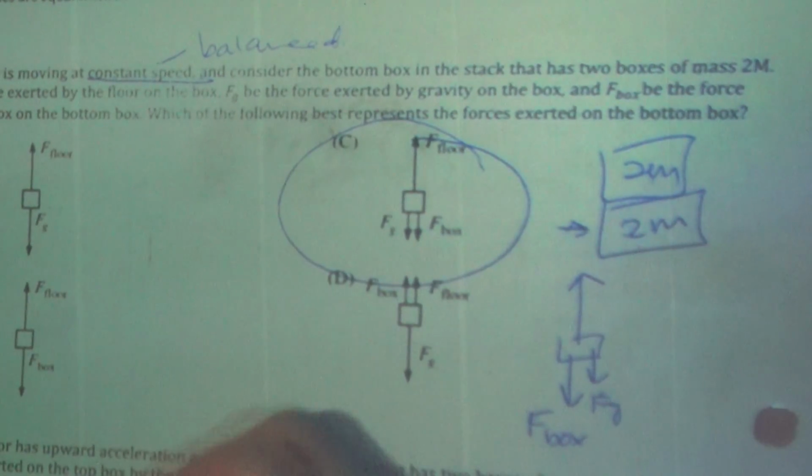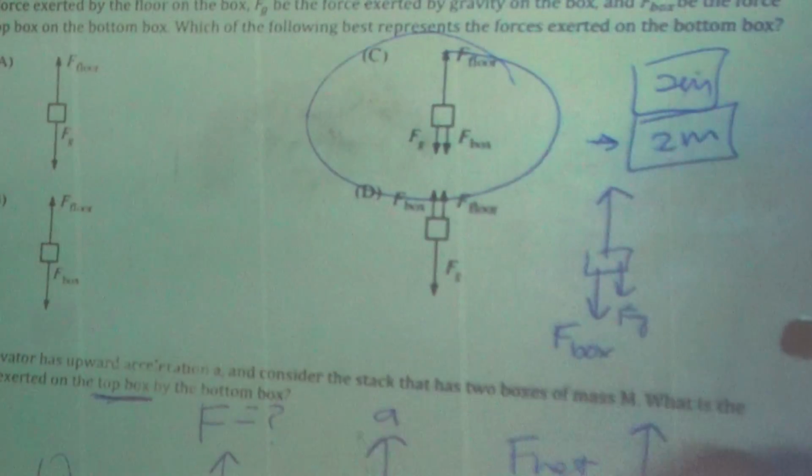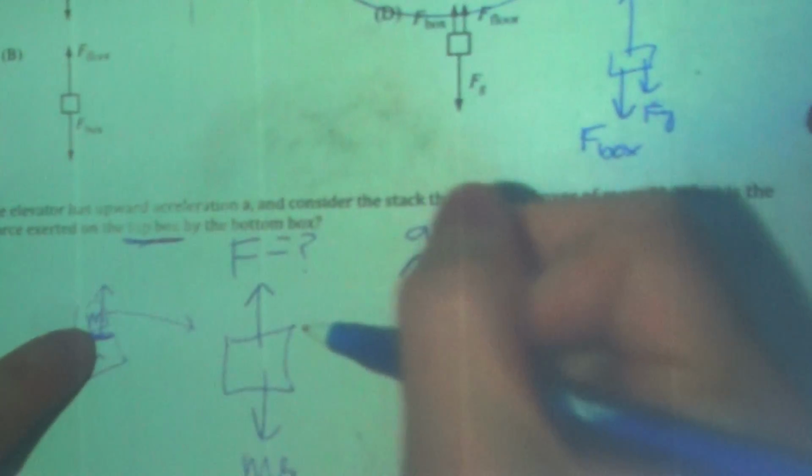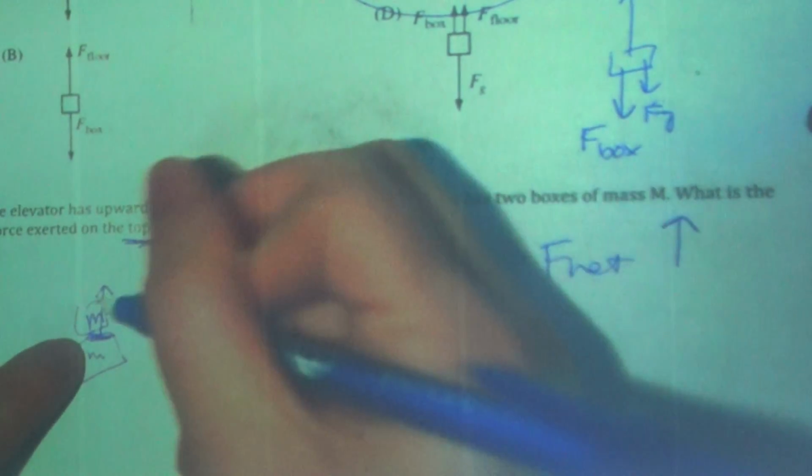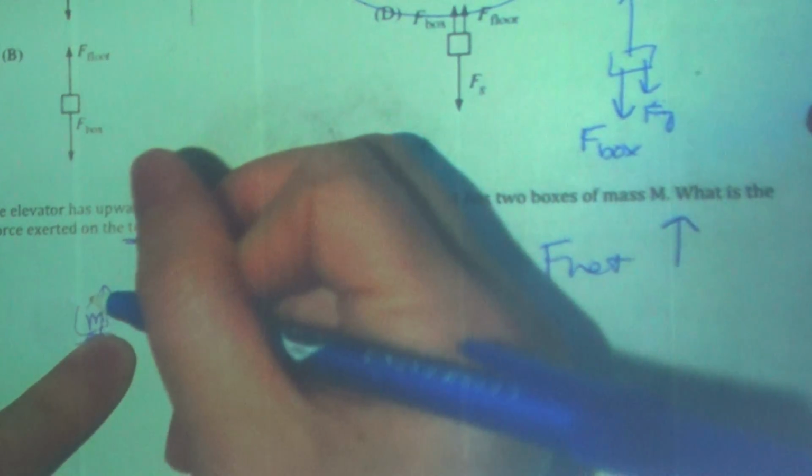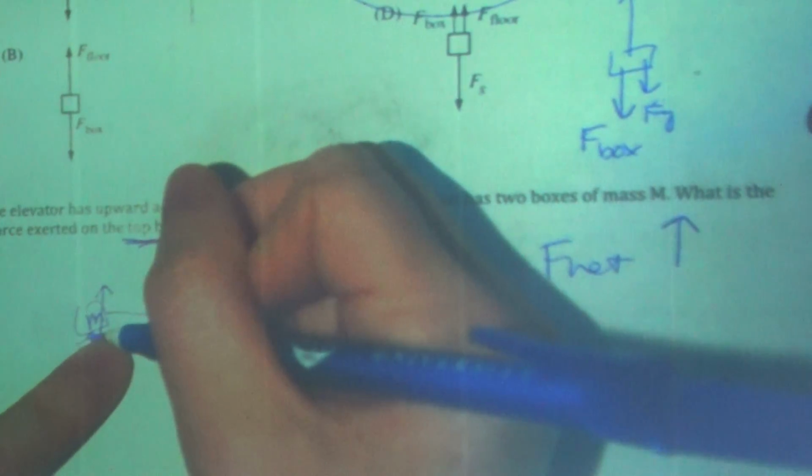If this is M and M, this is the free body diagram we're drawing it for, and the force that it's pushing up is the force we're looking for right here. So if we're drawing just for this guy, it doesn't have a box on top of it, it just has its own weight and then the box below it pushing up.